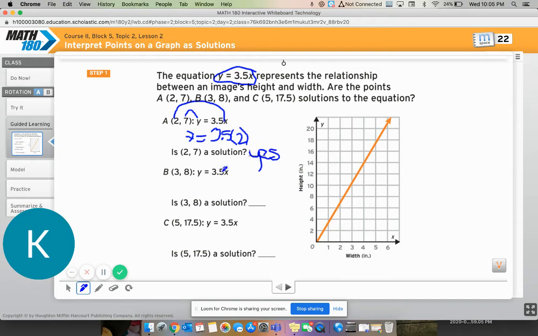Okay, let's do the same thing here. We have our x value, which goes here for our x, and our y value, which goes here for our y, so apologize for my handwriting. We have 8 equals 3.5 times my x value, which is 3.